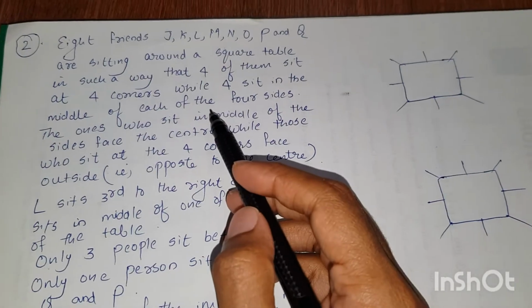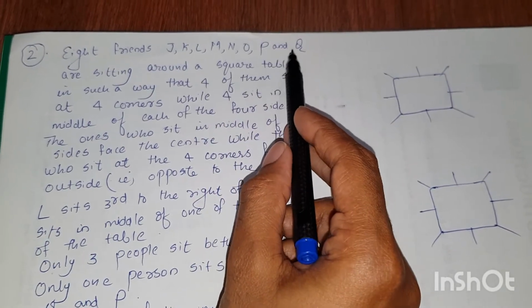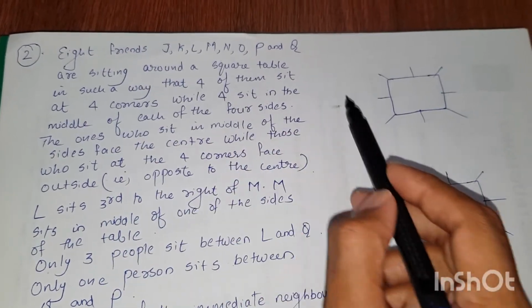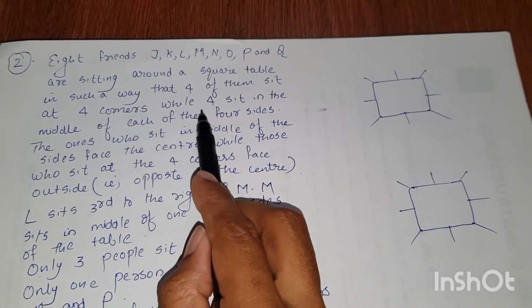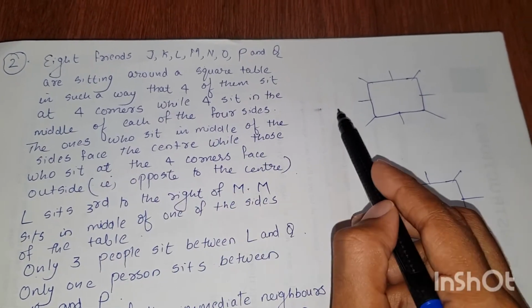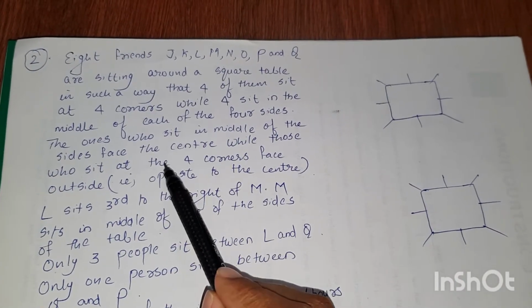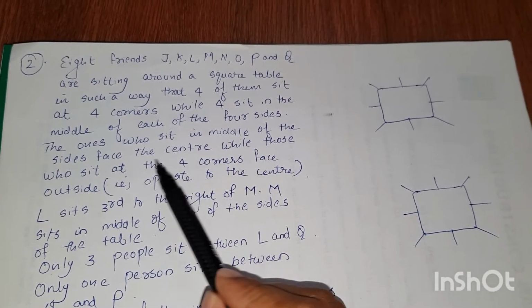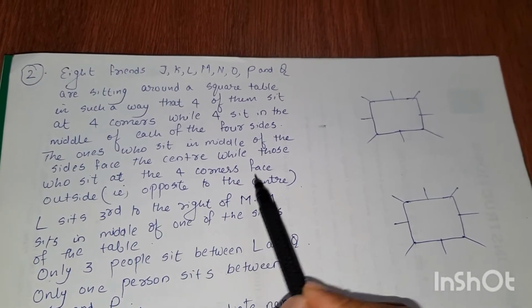Okay. Going to the second question. 8 friends J, K, L, M, N, O, P and Q are sitting around a square table in such a way that 4 of them sit at the 4 corners while 4 sit in the middle of each of the 4 sides, similar to the previous one. Now, the ones who sit in the middle of the sides face the center, while those who sit at the 4 corners face outside. Face outside means opposite to the center.